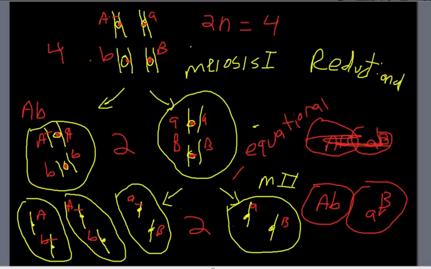And so we go 4, this is diploid, this is haploid, this is haploid. This has 4 chromosomes, 2 chromosomes, 2 chromosomes. When you go from 4 to 2, you're reducing the number of chromosomes in half, so that's why we call it reductional. Then you go 2 to 2, and that's equational.